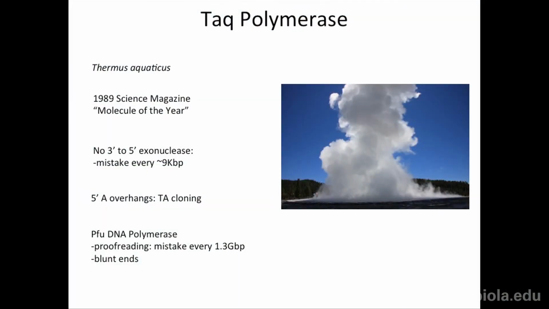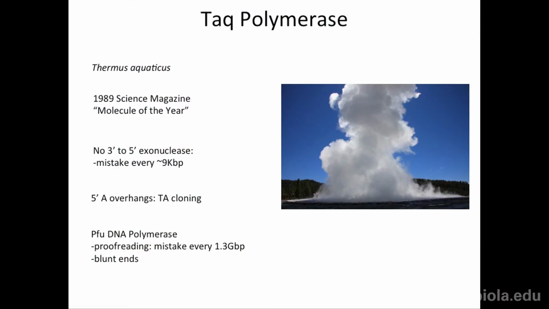The one that we've almost always used is an enzyme called Taq polymerase. Taq is the polymerase that comes from the single-celled bacteria called Thermus aquaticus. It means it lives in really high-temperature waters, right? Thermus being heat, aquaticus, water.